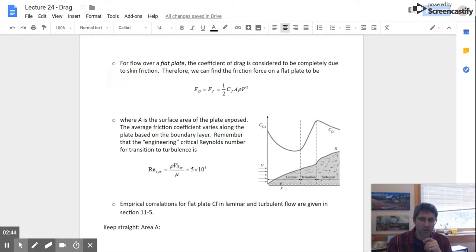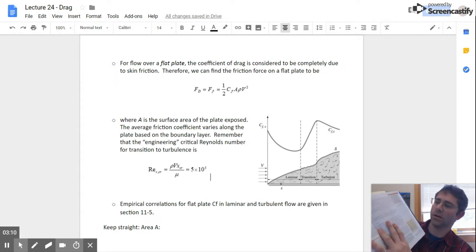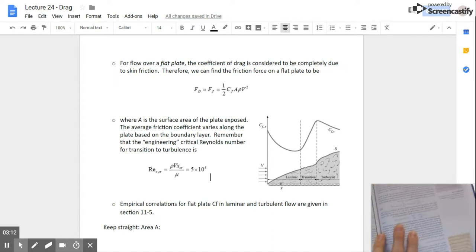Now how do we find C sub F itself given this? What's the equation for this curve up here? There are relationships in section 11-5 in your book. They go through and talk a lot about it, several different ones, but equation 11-22 is probably the most common overall equation.